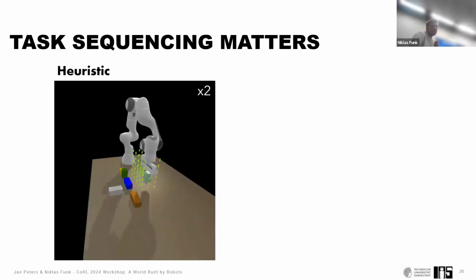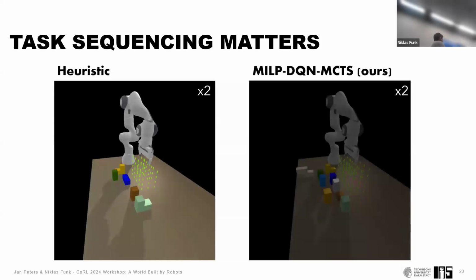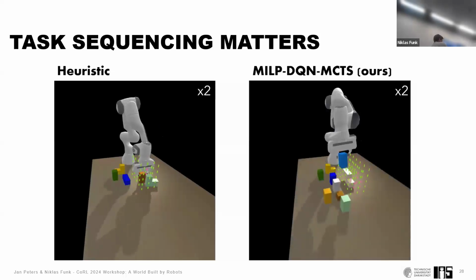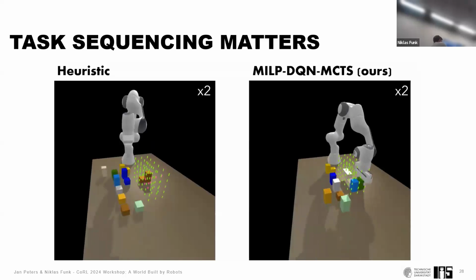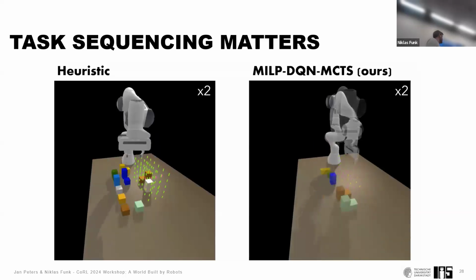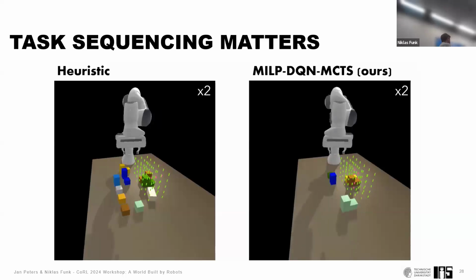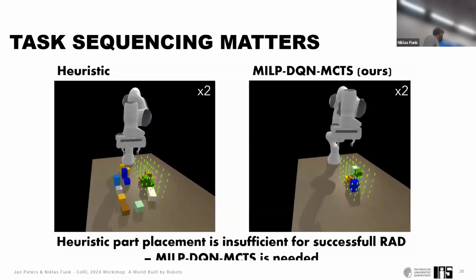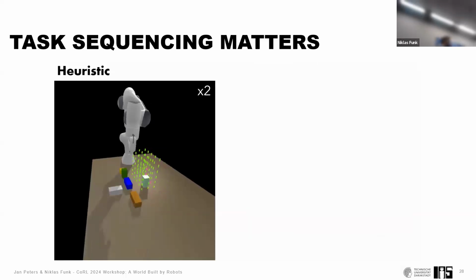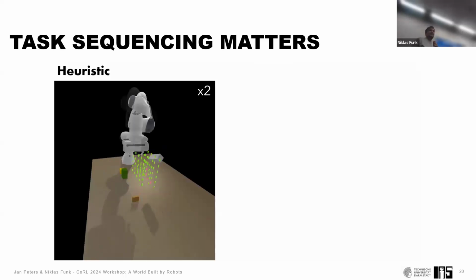So this we can also see in image form, where here you can see the task sequencing using the heuristic, which because of the tight space where you need to place the blocks results in many collisions. And on the right hand side, you can see the performance of our proposed approach. Maybe one thing to point out is that here you additionally see MCTS on the right hand side.